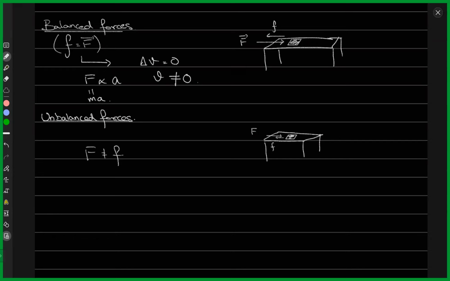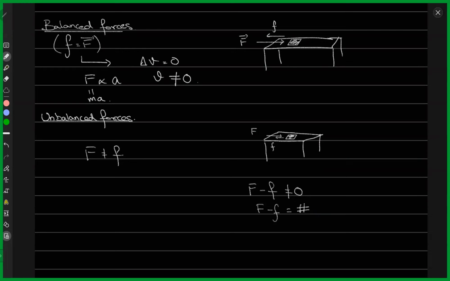Suppose that for some time it does not become equal to the forward force, capital F. If that's not equal, then of course, when I do F minus f, it will not be zero. In case of an unbalanced force, because these two are not equal, it will be some other number. So let's just give it a name.